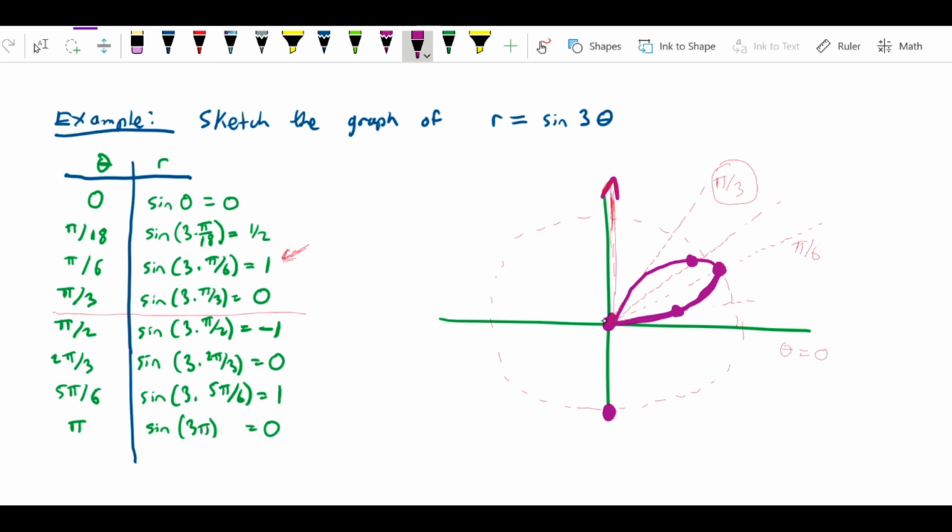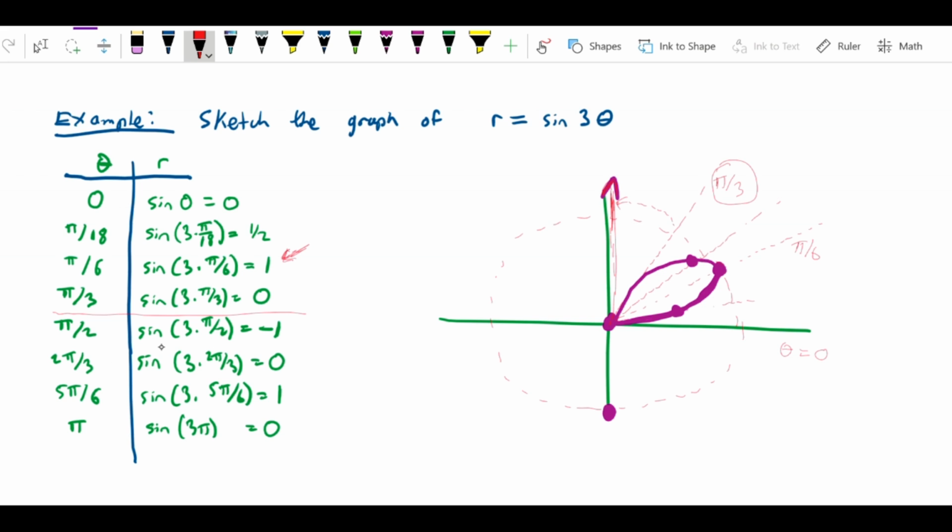If I were to graph what's going on, as I keep turning around the circle from here to here, I'm getting negative values. You can try one of those. You can try an angle between pi over 3 and pi over 2, and put it into your calculator. I guess we don't have a good one on the unit circle for a known angle, but just pick a value that's between pi over 3 and pi over 2, multiply it by 3, and calculate the sine.